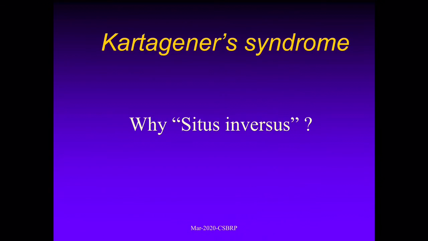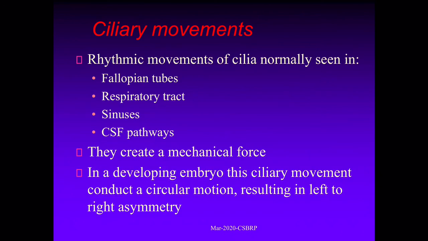And what is the basis for this situs inversus? The cilia are present in the fallopian tube, respiratory passages, sinuses and CSF pathways, and also in the renal tubular system. These cilia are associated with propelling the contents towards one end, and they also work as mechanical sensors of some force. So this is very important.